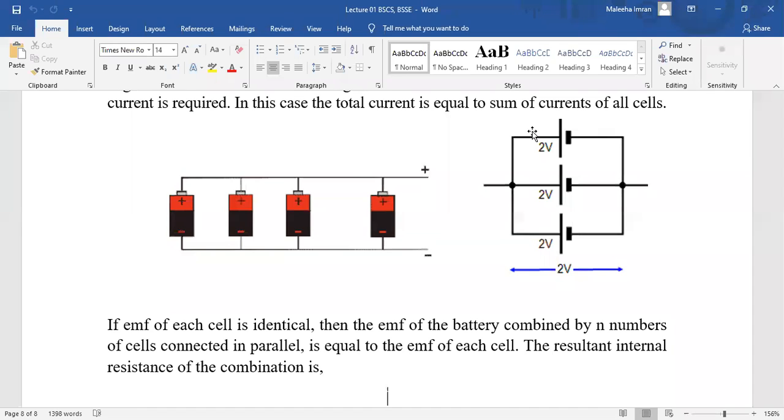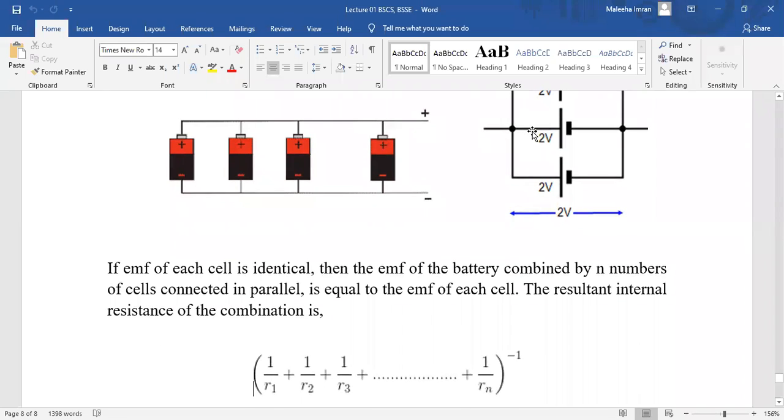Is the internal resistance increases or decreases? डिक्रीज करेगी। सीरीज में इंक्रीज करती है, इसमें इसका मतलब ये हुआ कि यहाँ पे आपकी जो टोटल रेजिस्टेंस होगी that will be equal to the sum of the reciprocals of the individual resistances like this. This is the formula where 1 over R1 plus 1 over R2 up to 1 over Rn and whole power minus 1. It means this is the sum of the reciprocals.